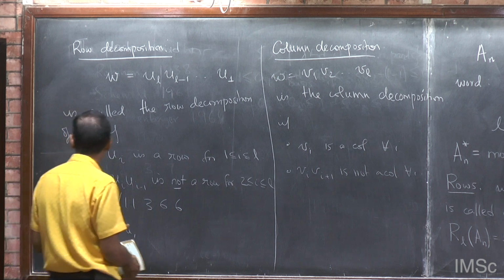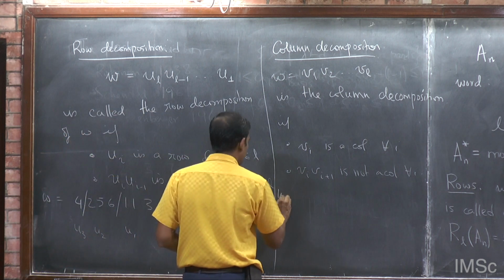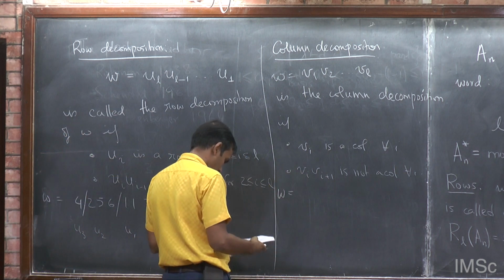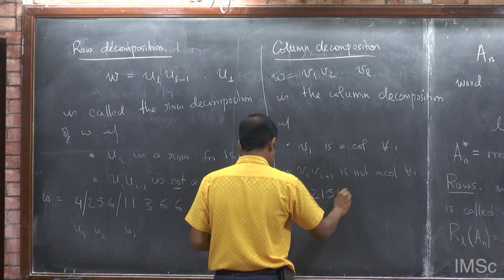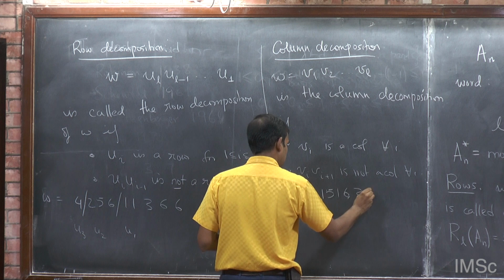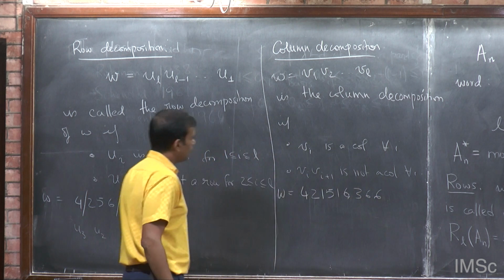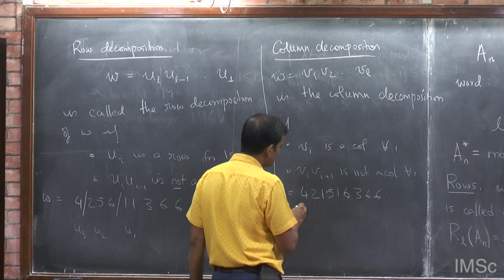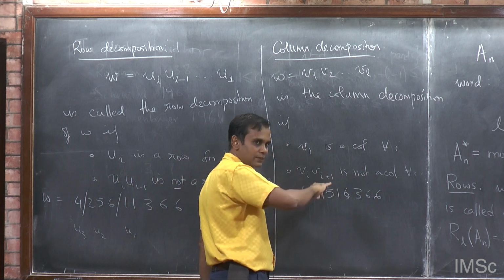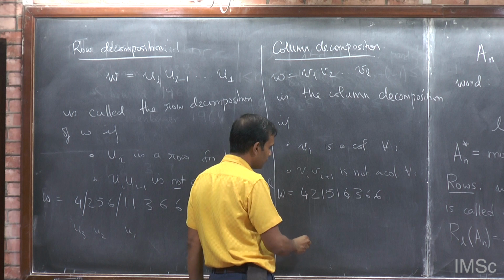So, let's look at an example. Let's take W to be the word 4, 2, 1, 5, 1, 6, 3, 6, 6. I start reading it, and every time I see a weak increase, I cut it off.